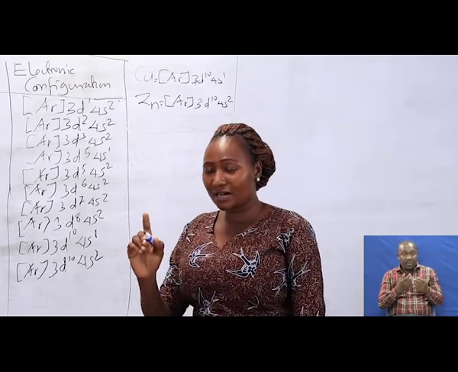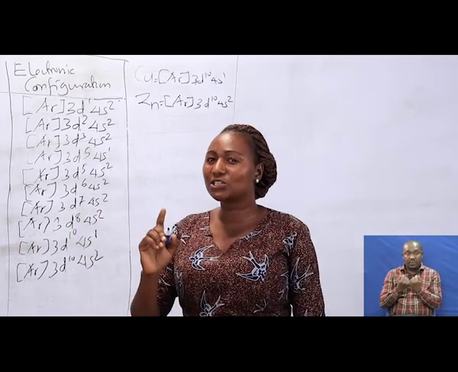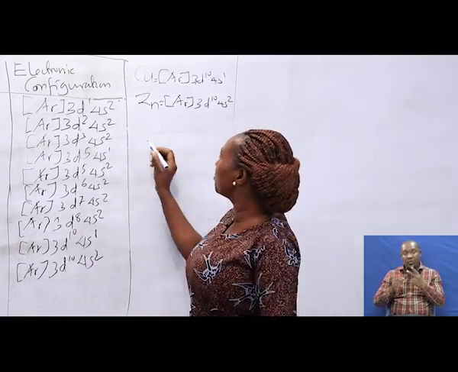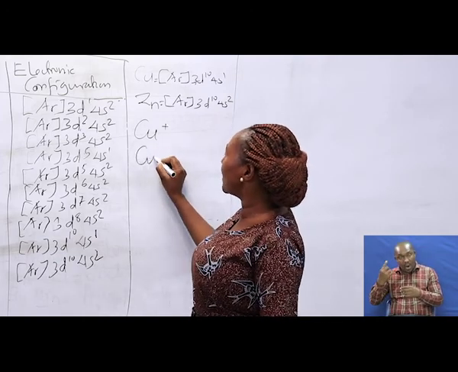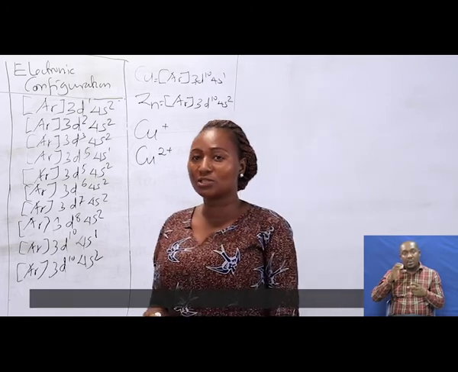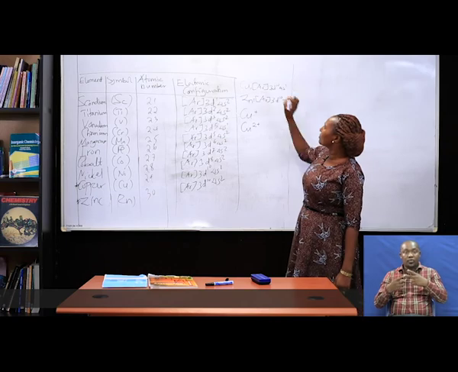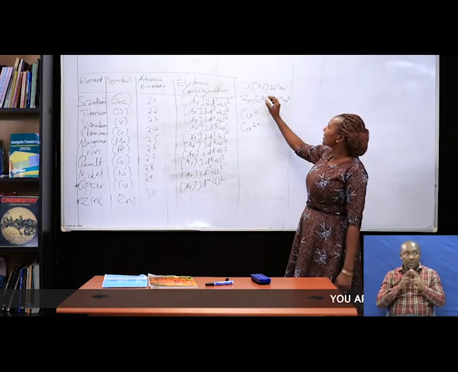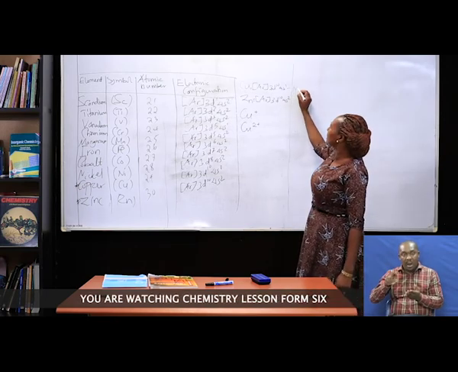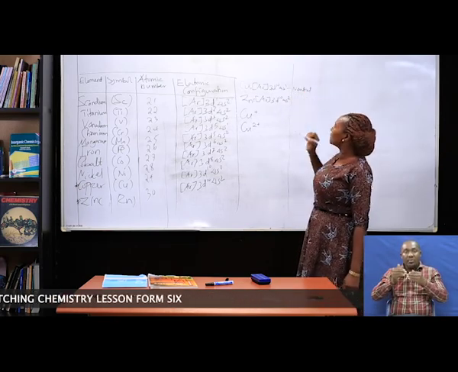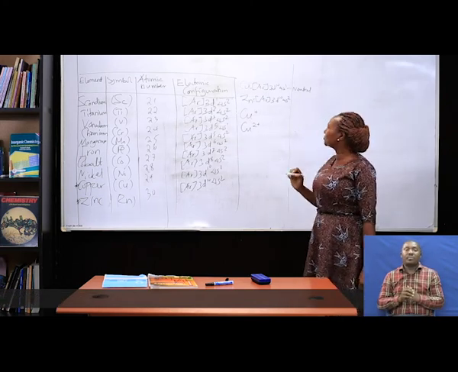Copper forms compounds in which it exists in 2 ions, which are copper 1 and copper 2. The electronic configuration we looked at is the configuration of copper in its neutral state, the neutral element.